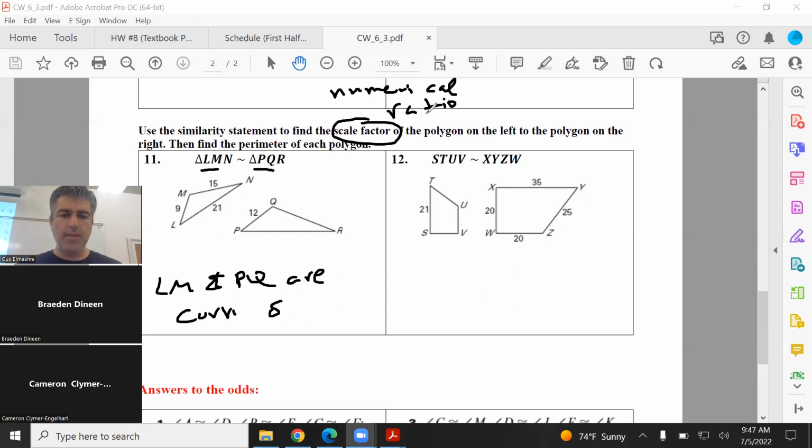Oh, sorry, our corresponding sides. So 9 over 12 is my scale factor, or 3/4.